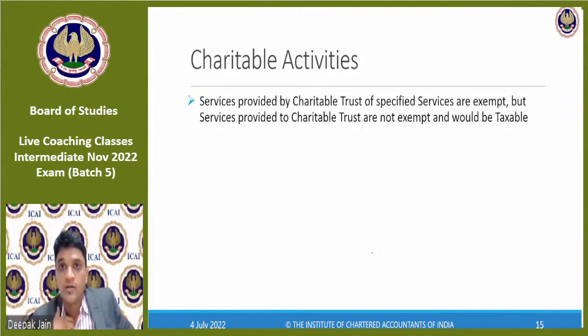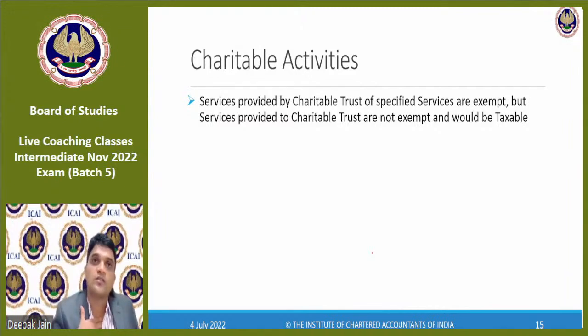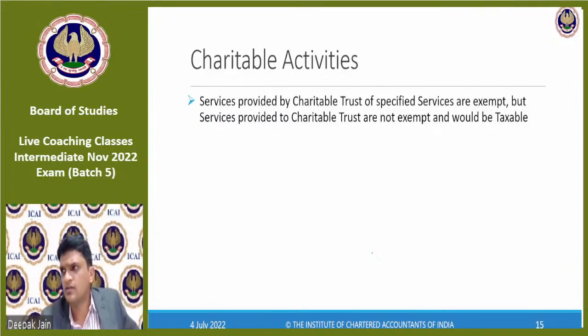Very important here, we go one by one. For example, a charitable organization provides food free of cost as part of a general awareness activity. Now, if it buys food and the food item is exempted as a product, it's fine.